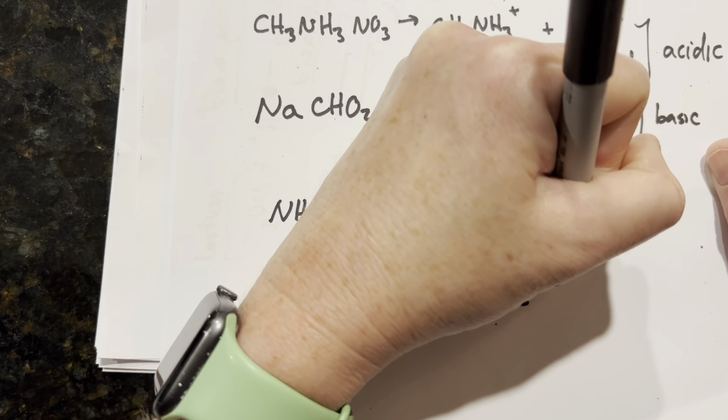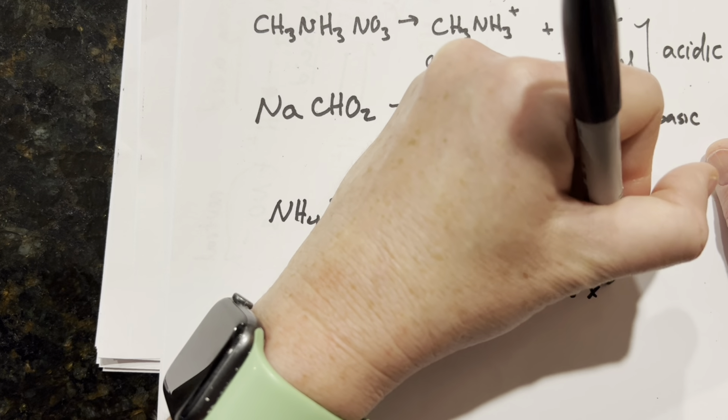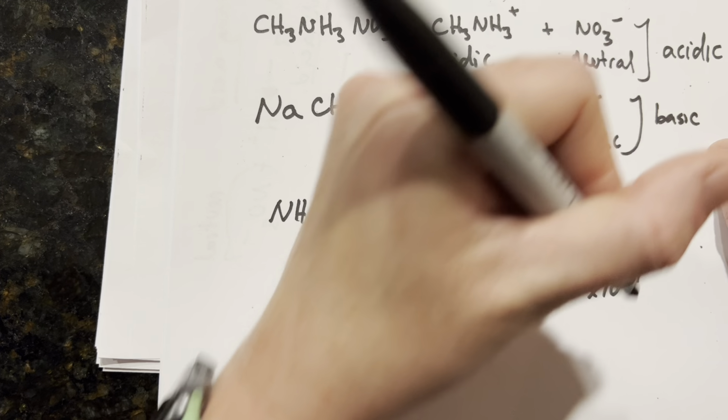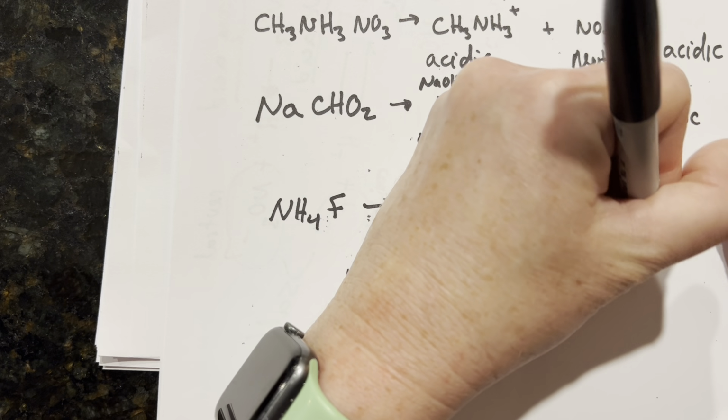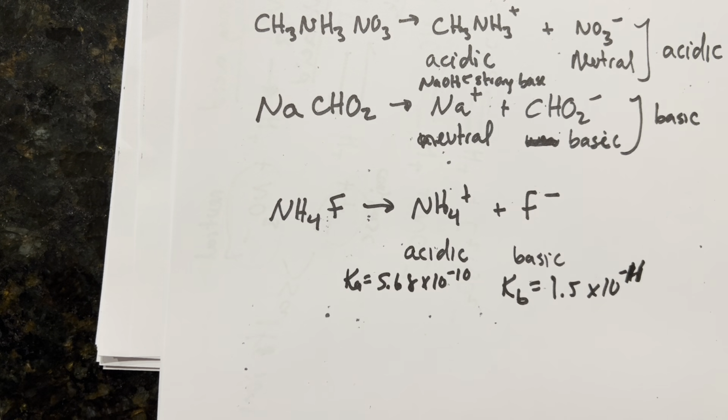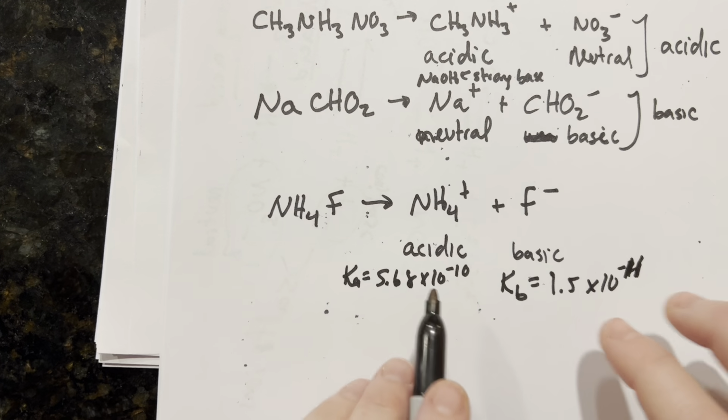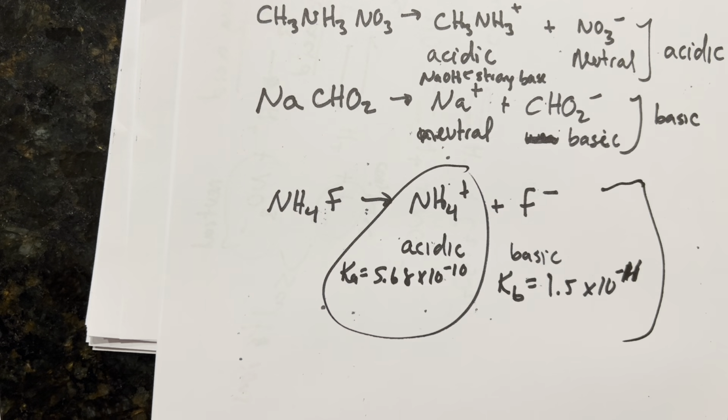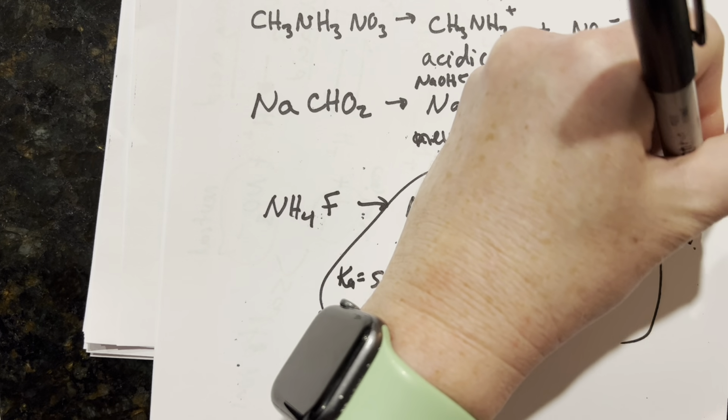The Kb of F minus is 1.5 times 10 to the negative 11. So which one's stronger, the acid side or the base side? Hopefully you agree the acid side because it's got a larger number. That's why that's going to win, and this is going to be acidic.